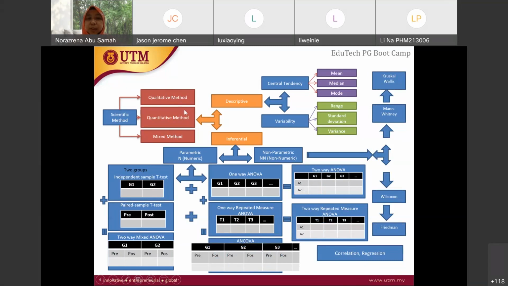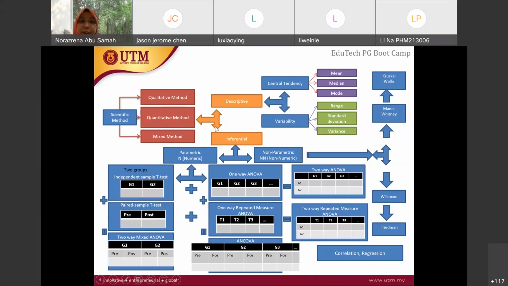Mixed method is combining both. For the quantitative method, there is descriptive statistics and inferential statistics. For descriptive statistics, you only calculate the central tendency, which is mean, median, and mode. For variability, you find the range, standard deviation, and variance.